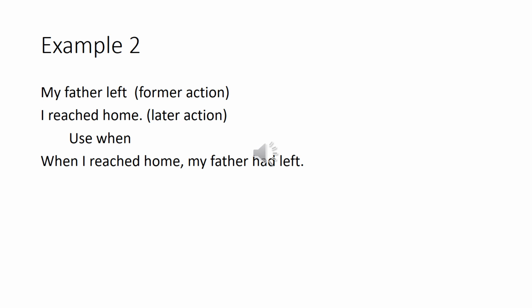You see, very simply we can use it like: when I reached home, my father had left. That means you are not able to see your father. He had left before you reached home. That means you are a little bit late to reach home.